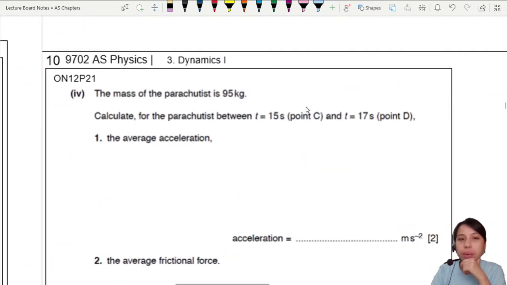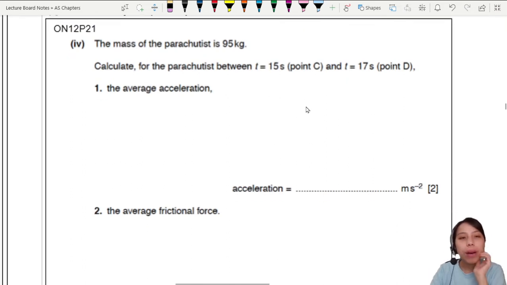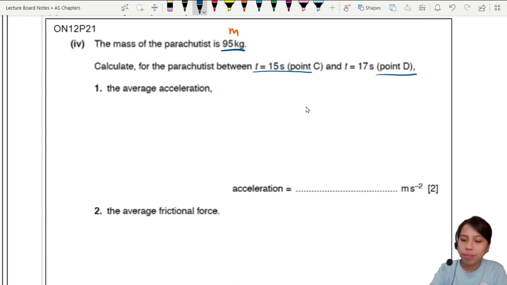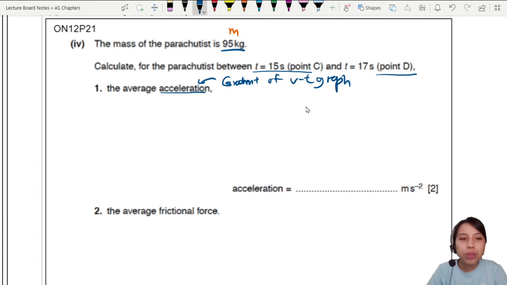Let's go to the calculation here. So now they give us a mass of the parachutist, 95 kg. Calculate between C and D the average acceleration. Before I even look at the graph, I see acceleration. Acceleration is the gradient of the v-t graph, which means in order to find the acceleration, I need to find the change in velocity over the change in time.